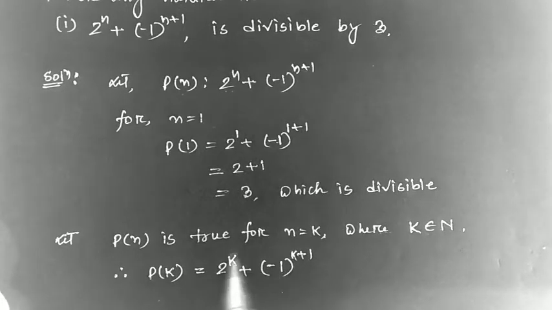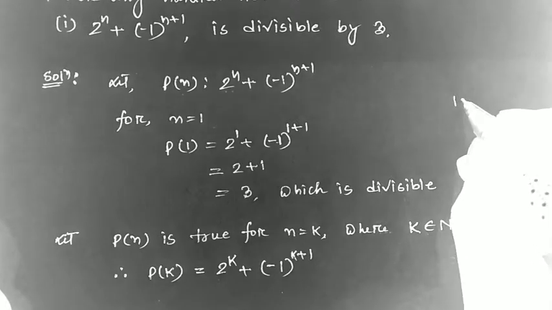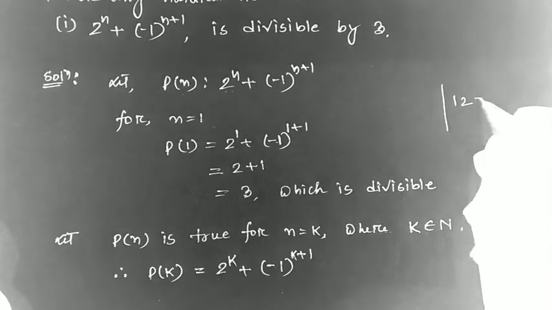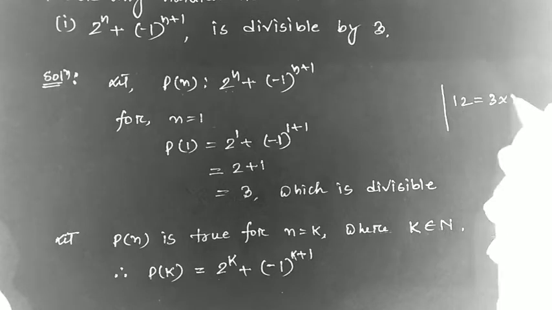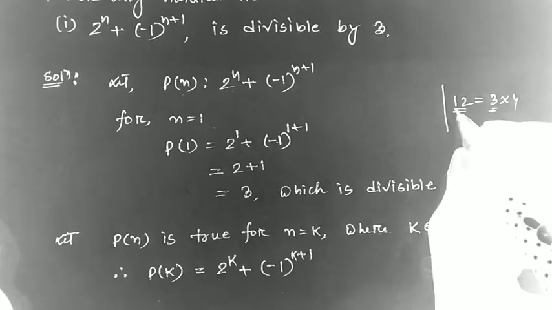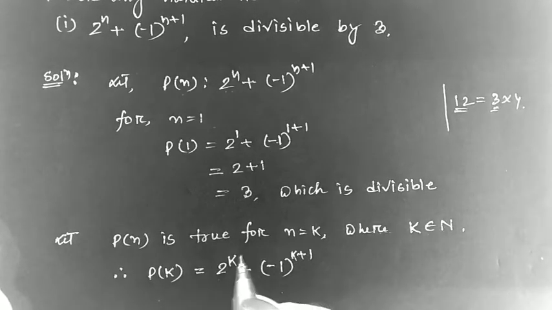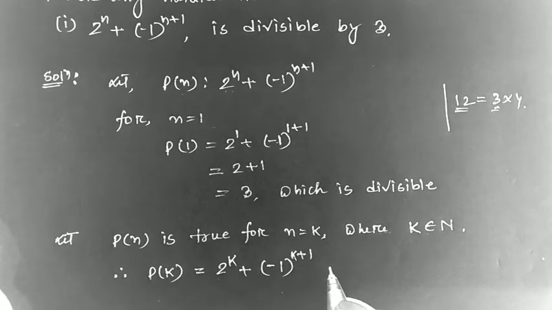This is divisible by 3. For example, if 12 is divisible by 3, then 12 can be written as 3 into 4. So this expression is divisible by 3, so we can write it as 3 into some integer.